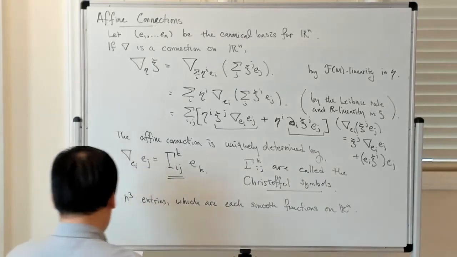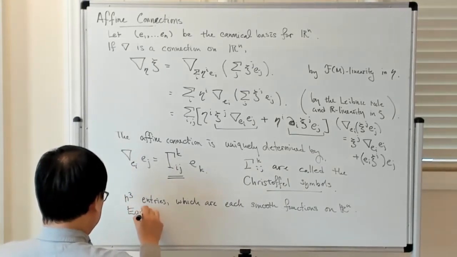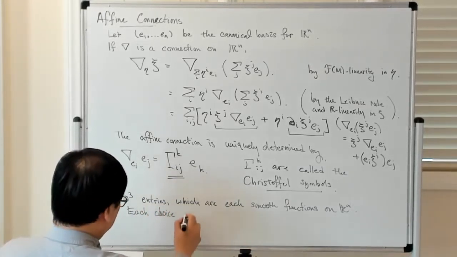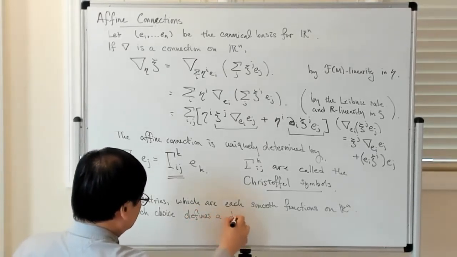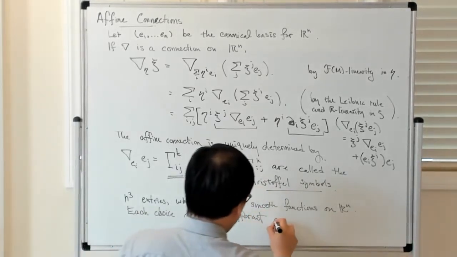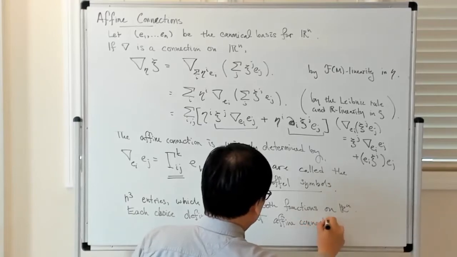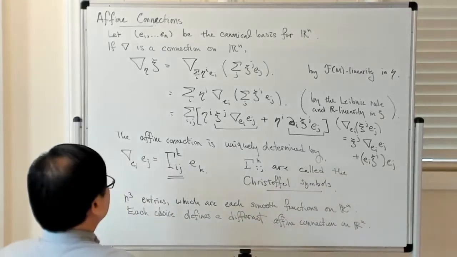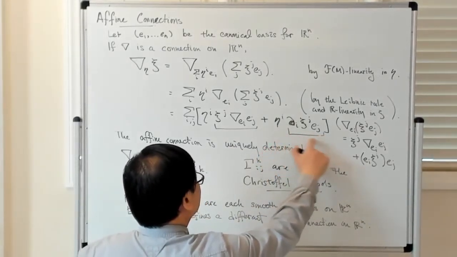Okay, and then each choice sort of defines a different affine connection on R^n.